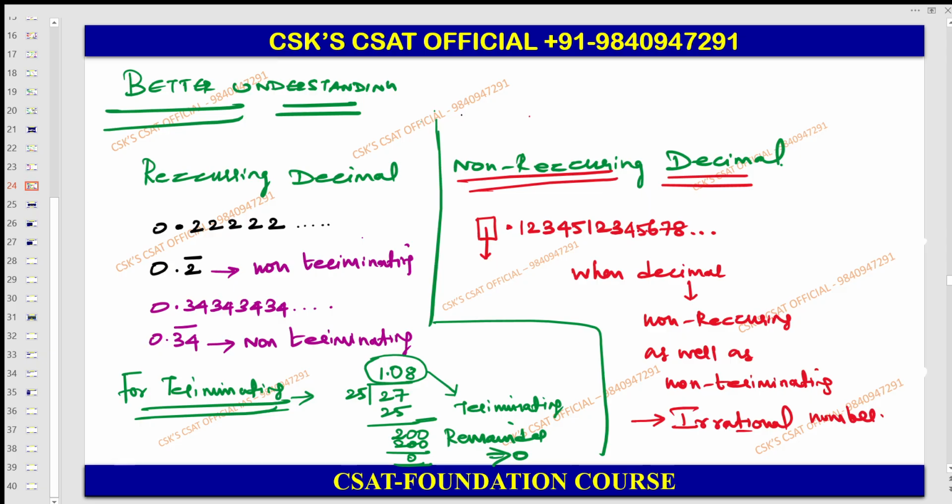So now I gave you the brief idea about this. Both non-recurring as well as non-terminating, then that is nothing but an irrational number.